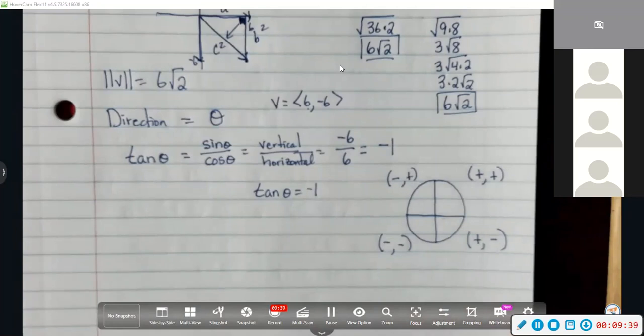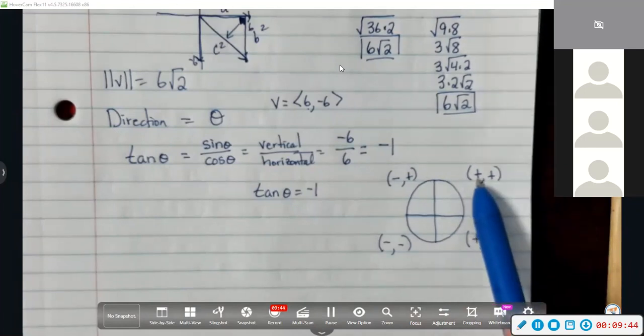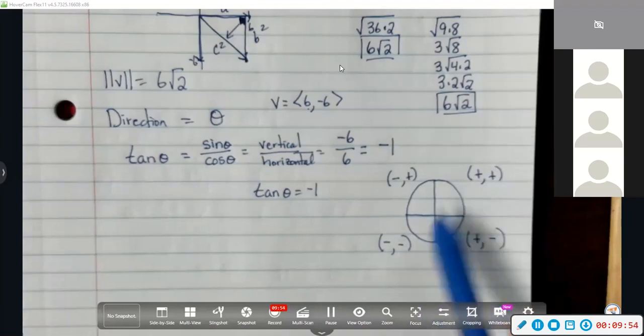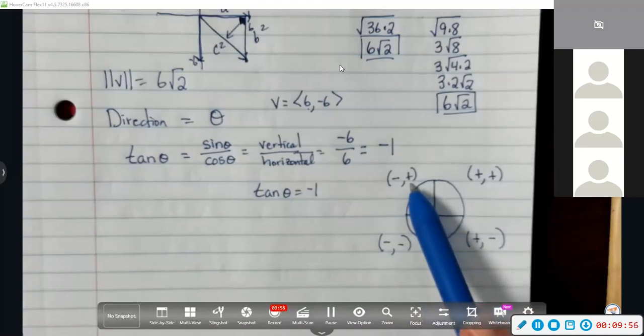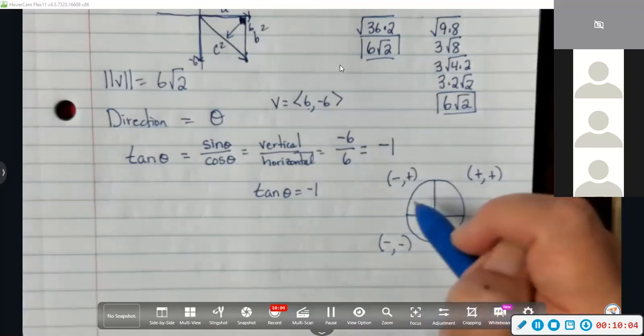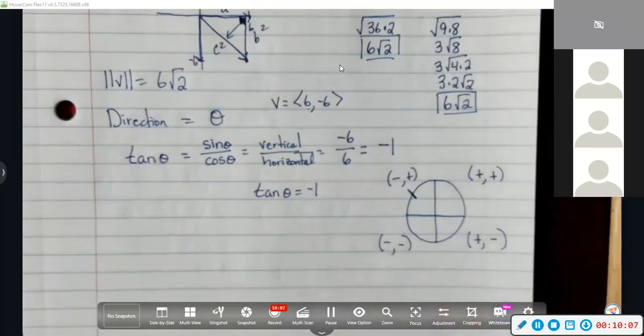Tangent is the ratio of sine over cosine. So when cosine and sine have the same sign, tangent will be positive. When the sign is different, tangent's going to be negative. So tangent is negative in the second quadrant, tangent is negative in the fourth quadrant. So we're looking for an angle that's in one of those two quadrants.